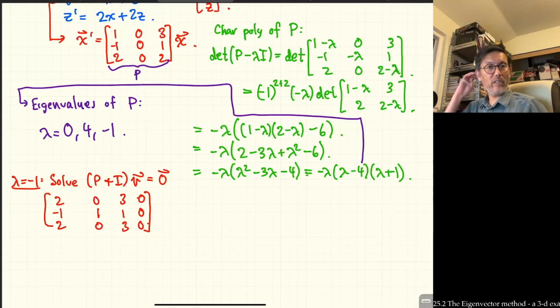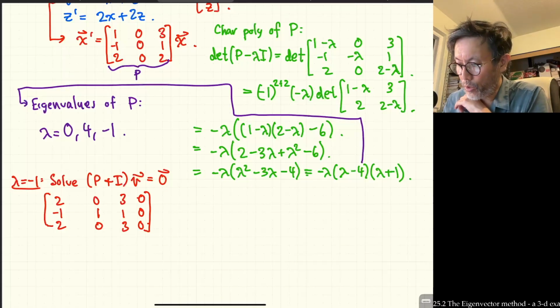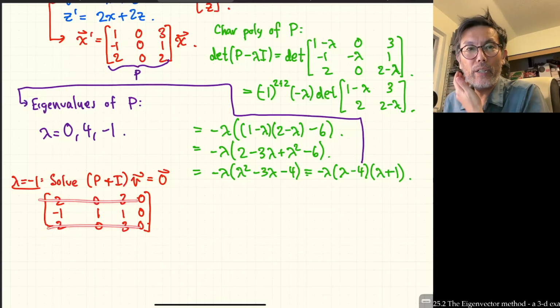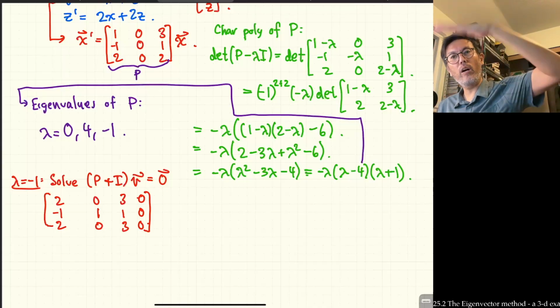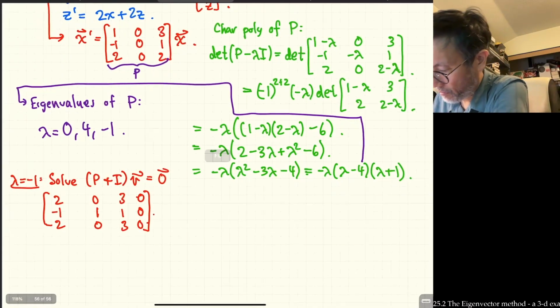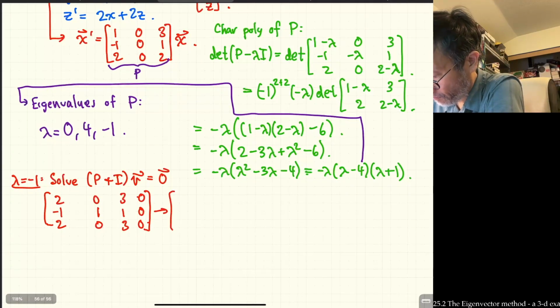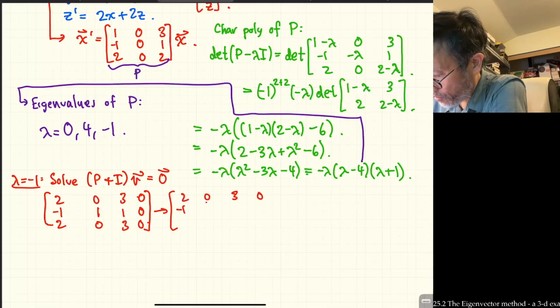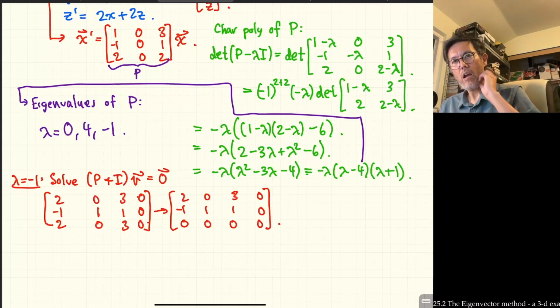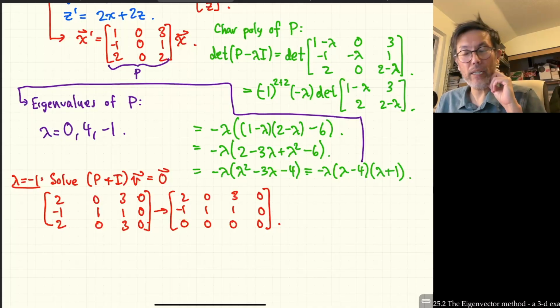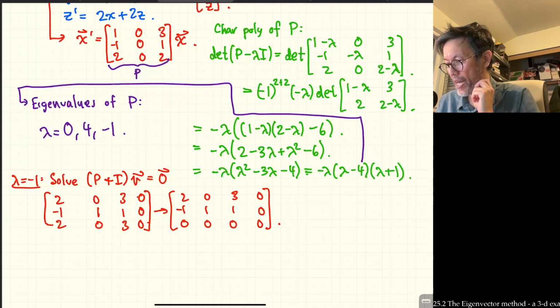First thing I notice, and I hope this is screaming at you as well, is that row 2 and row 3 are identical here. So I can kill row 3 by adding -1 row 1 to row 3. So I get 2, 0, 3, 0, -1, 1, 1, 0, and then just a row of zeros, which is good news.